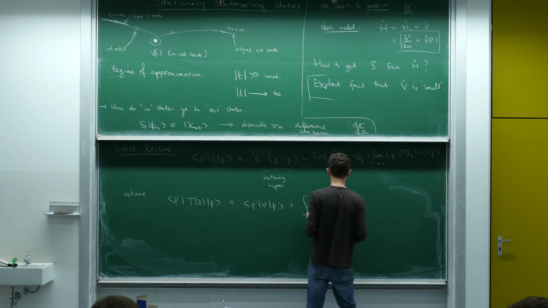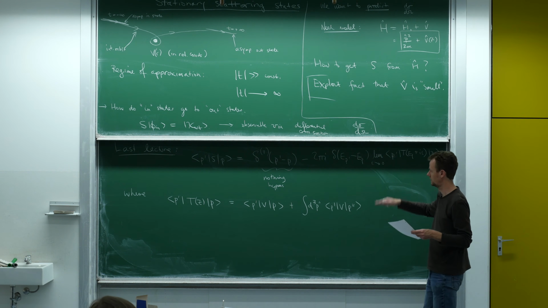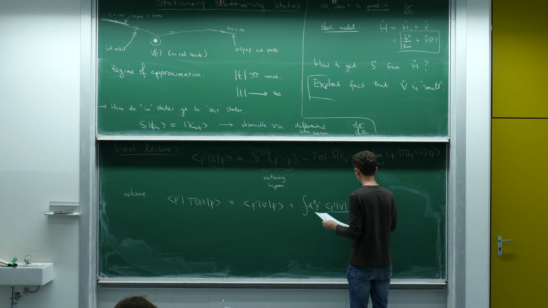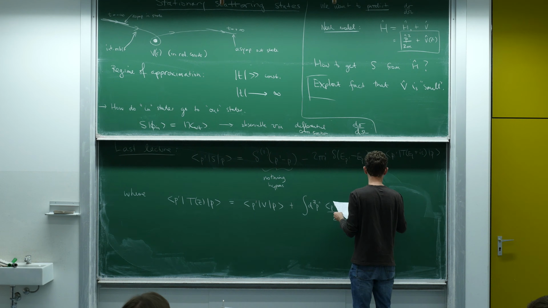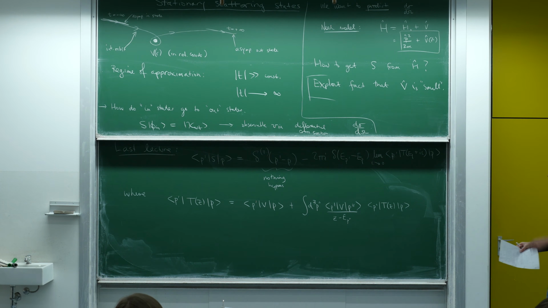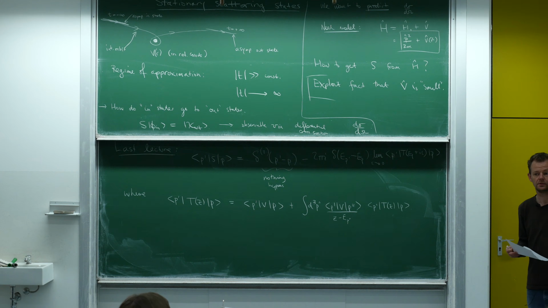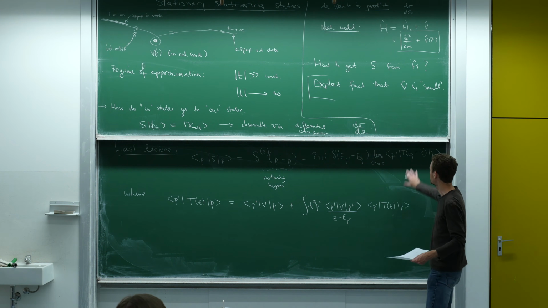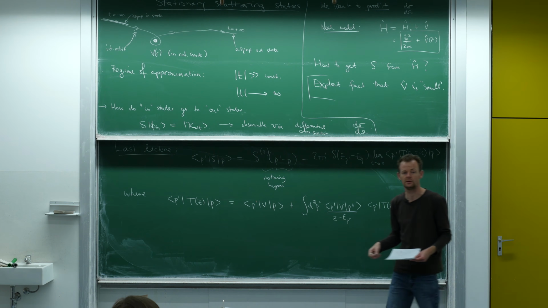Remember, this T operator satisfies a linear equation. And this is the linear equation that it satisfies. So if you can solve that equation for T of Z, then you have the matrix elements of T. And that's what features in this equation here.